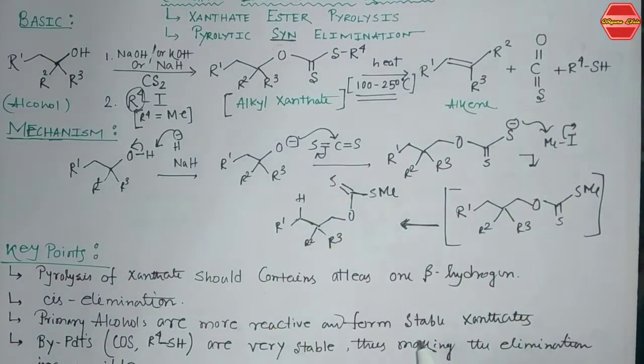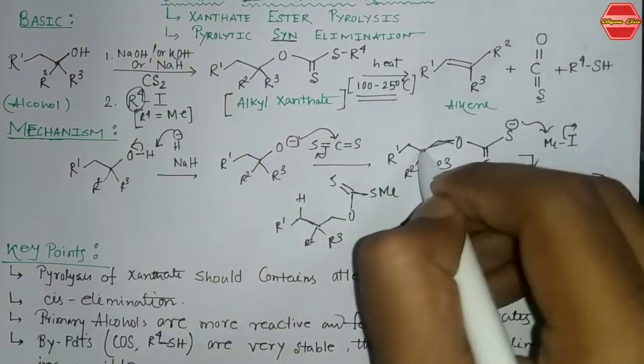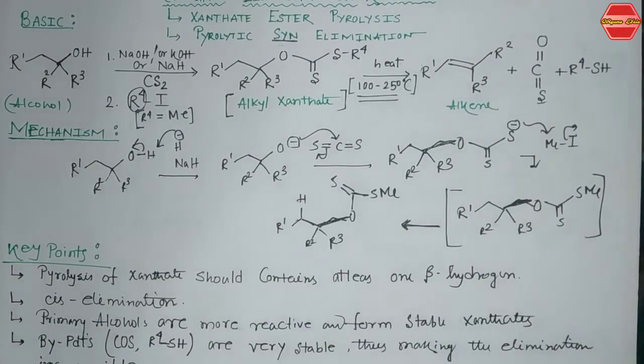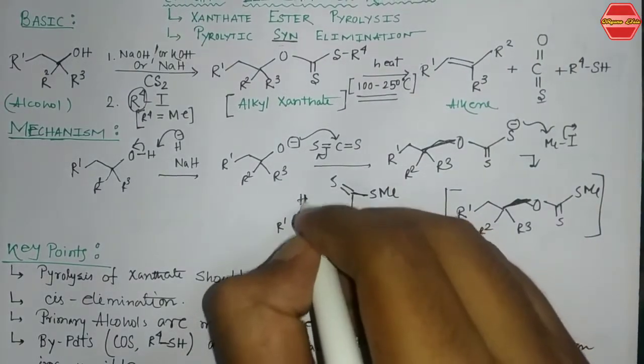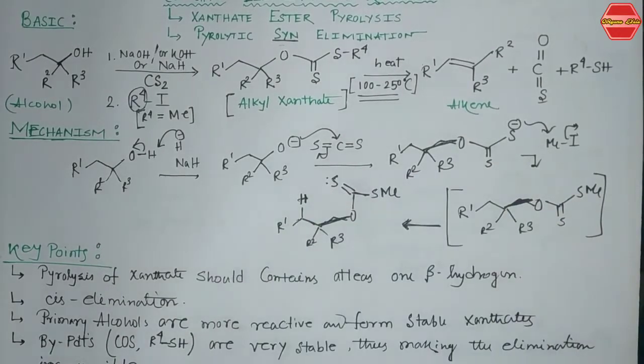So this is what you get from here. This is not a CH2, this is directly bonded to the oxygen like this way. You can see that is the oxygen, this hydrogen is given over here, and this sulfur has a lone pair of electrons.